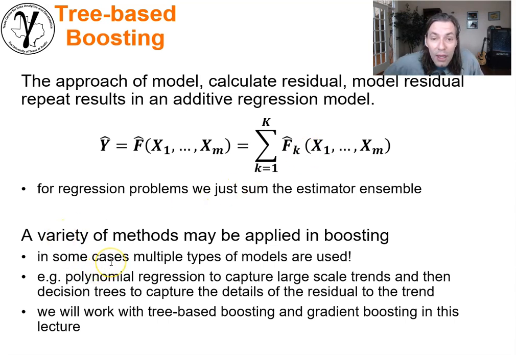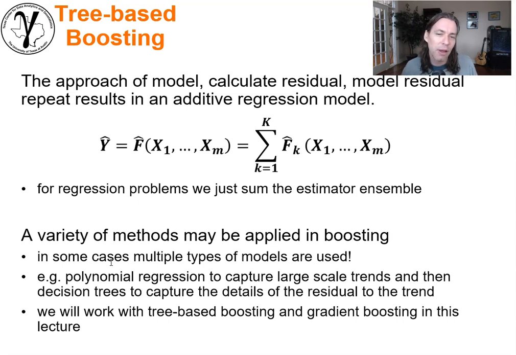In fact, what's really interesting is that people will design the model such that they are mixing and matching different models because they want to capture certain, almost like spatial temporal frequencies of the problem. For instance, a polynomial regression model could capture really nice long-range trends or features from the model, and then you would apply some other type of methodology like decision tree to capture maybe the more short scale, the more noisy, kind of smaller scale details.